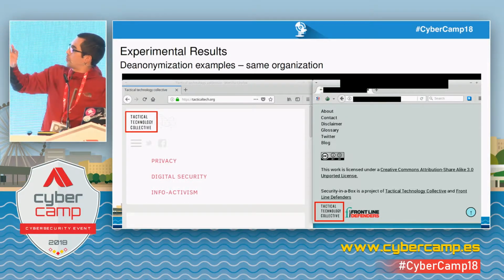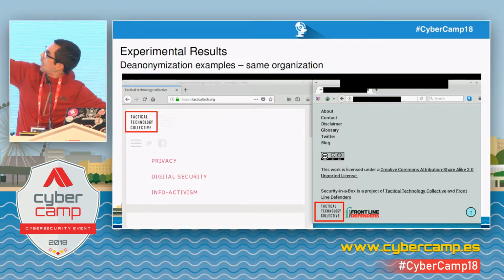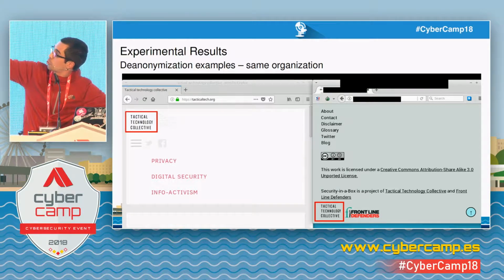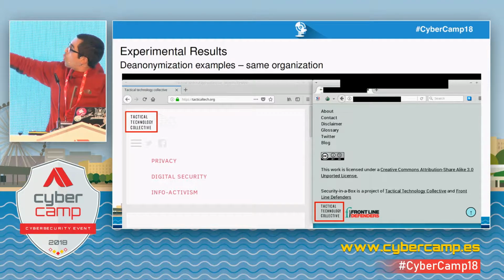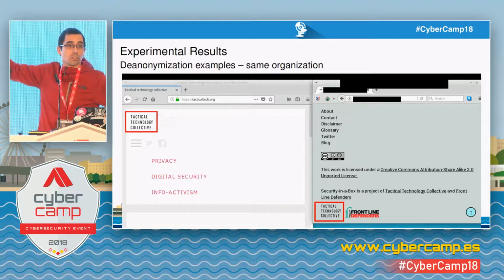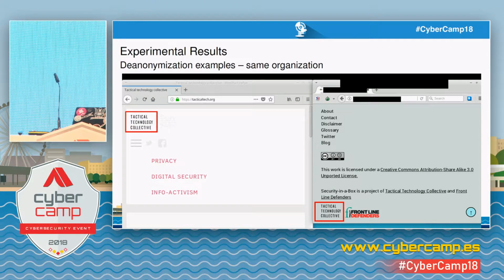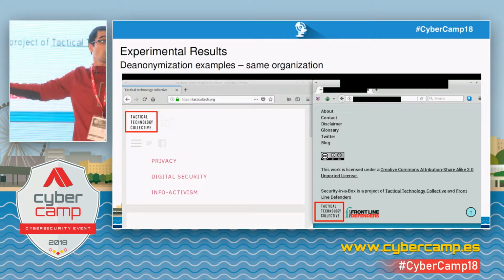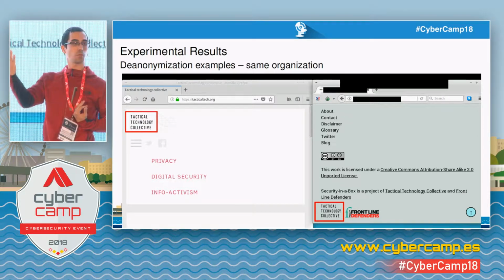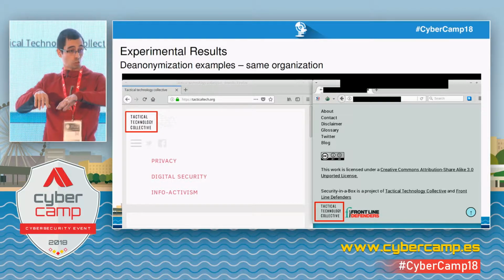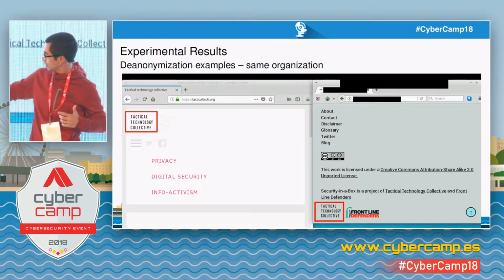Success cases. An example: the anonymization. On the left, we have the ordinary service that you find on the internet through a server, and on the right, the hidden service. Notice they are from the very same company. So they are kind of not hiding themselves very much, but this is a result that we got in our research.